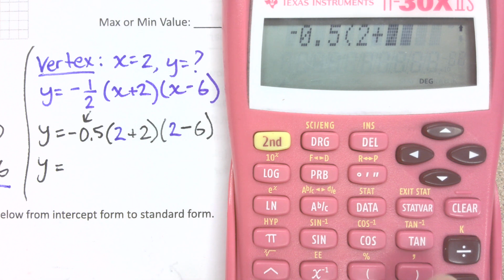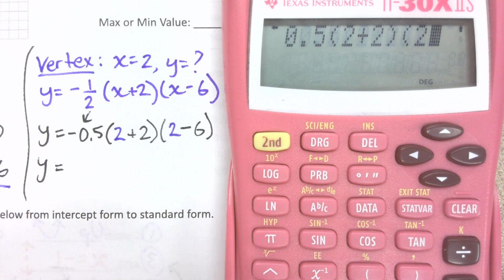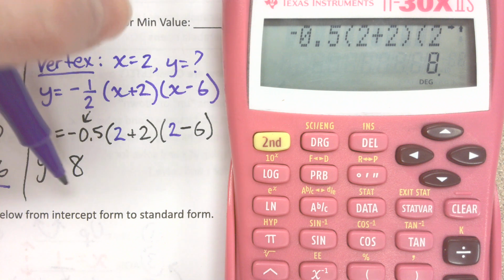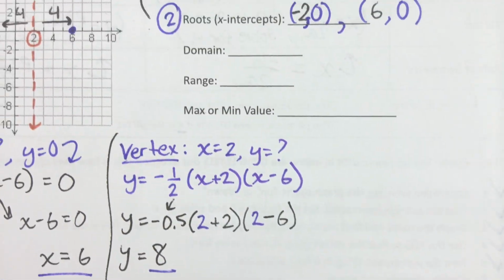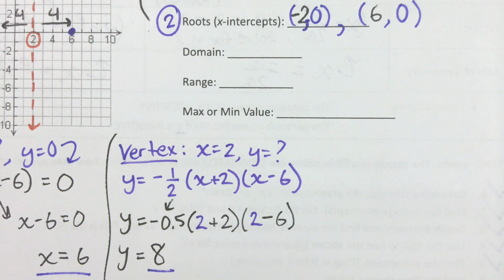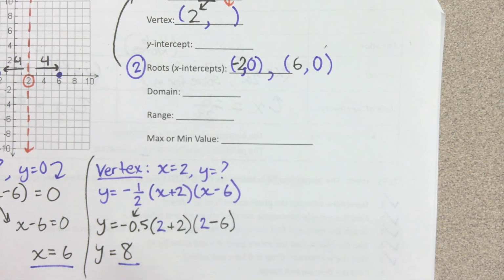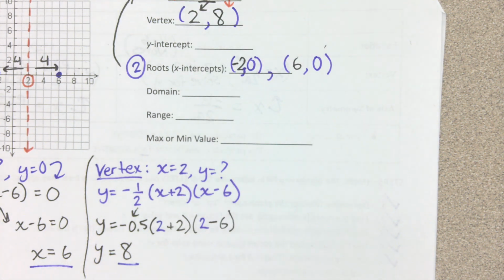Parenthesis, 2 plus 2, parentheses, 2 minus 6. And you'll get 8 if done correctly. So going back up to that answer blank I made for myself, we now know that y is 8.